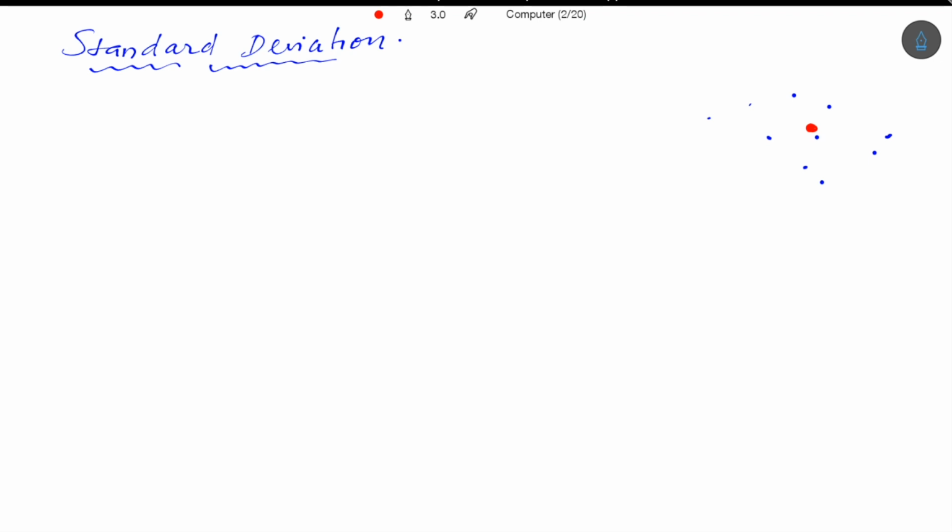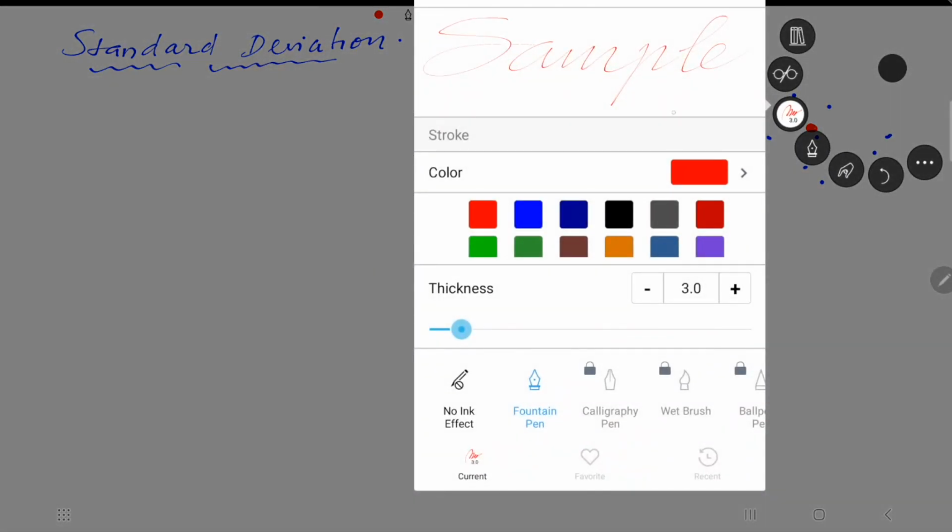For example, are all the points close to the average, or are a lot of points way above or below the average? The standard deviation gives the answer to this question.